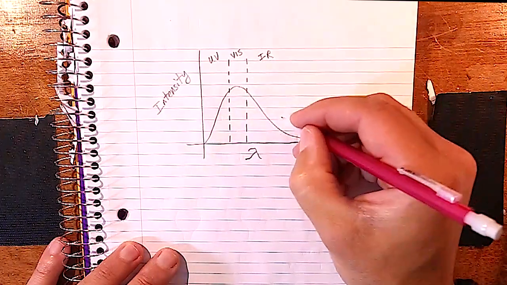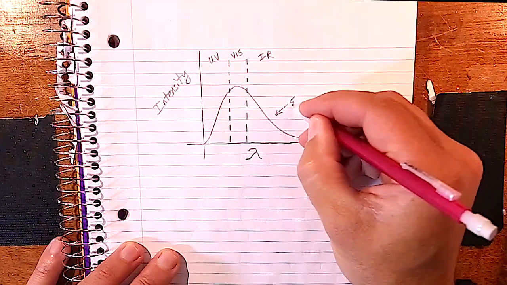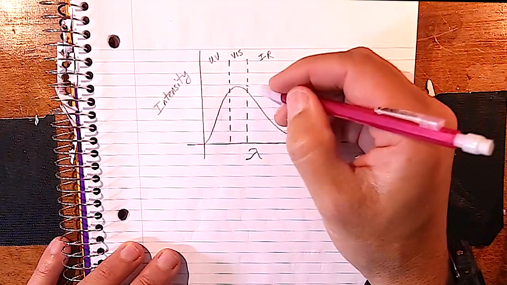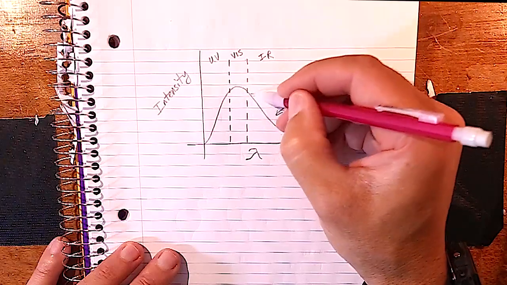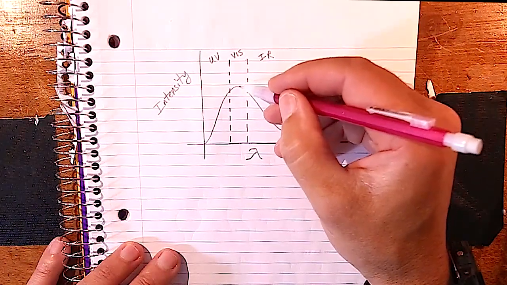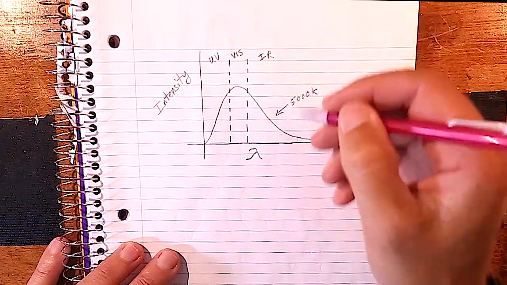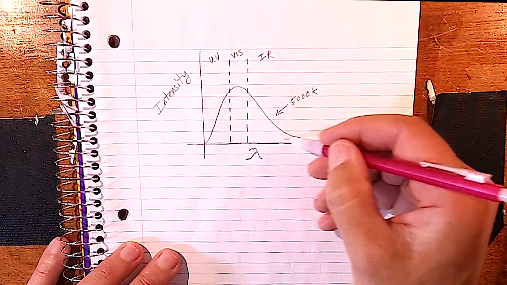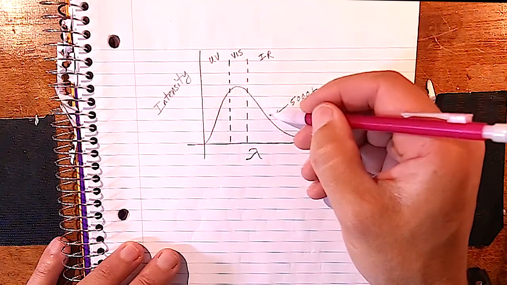So most of what we get, this is the curve of what it would look like at about 5,000 Kelvin. So from the visible spectrum, that's what we get the most of. And that's why our eyes evolved to be able to see in the visible spectrum. But then as we move further along here to larger wavelengths, we get less.